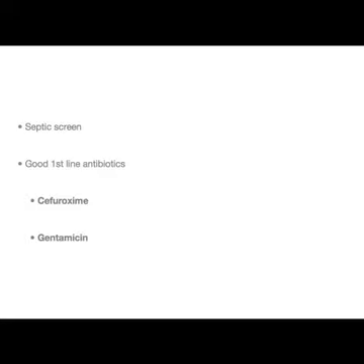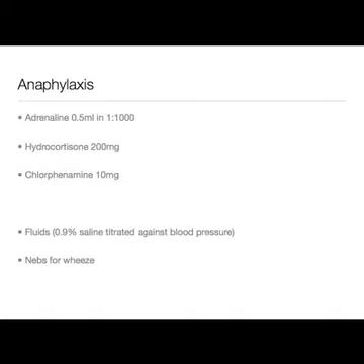Moving on now to anaphylaxis, there's a specific podcast that's available for anaphylaxis under the emergencies, but basically during anaphylaxis you need to think about giving adrenaline and hydrocortisone. Specific dosages are 0.5 ml of 1 in 1,000 of adrenaline and 200 milligrams of hydrocortisone IV.